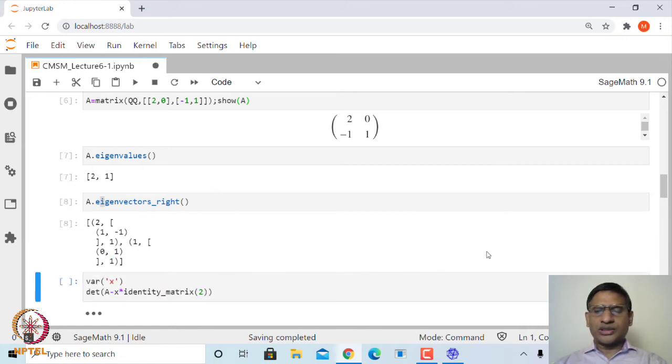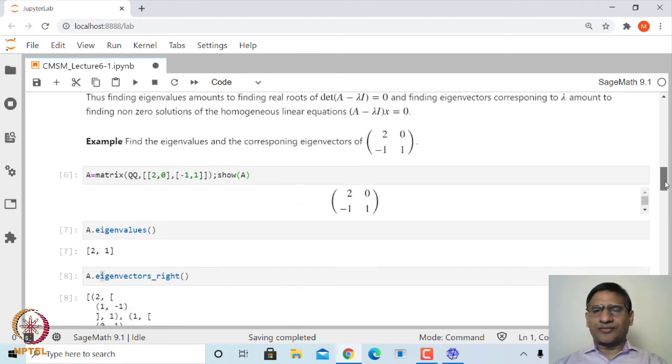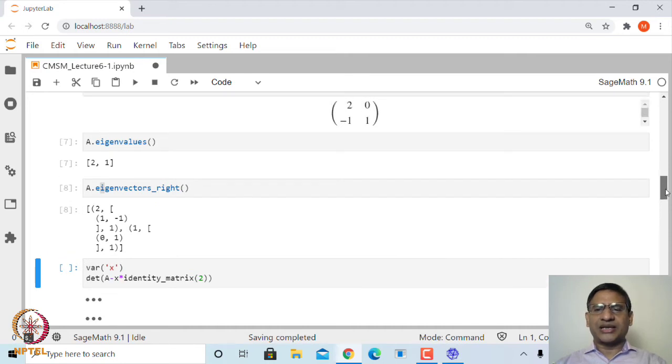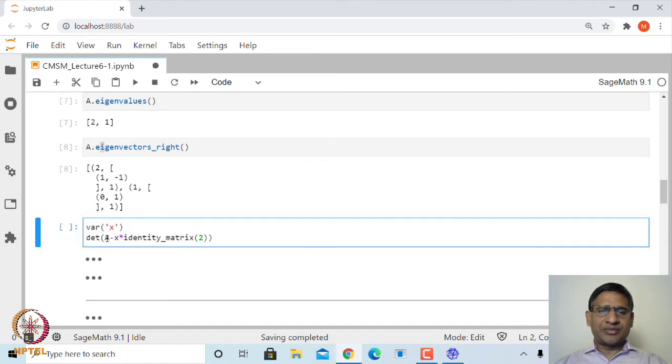Okay. Now, you can find the characteristic polynomial of A. What is the characteristic polynomial? Determinant of A minus lambda times I. So, instead of lambda, let me write x. So, A minus x times the identity matrix 2, this is the 2 cross 2 identity matrix, and then find its determinant. Of course, x you need to declare as a variable.